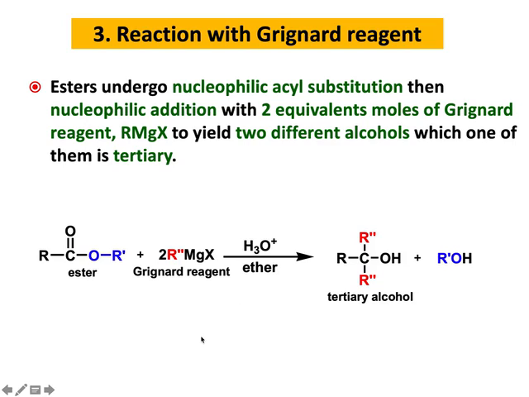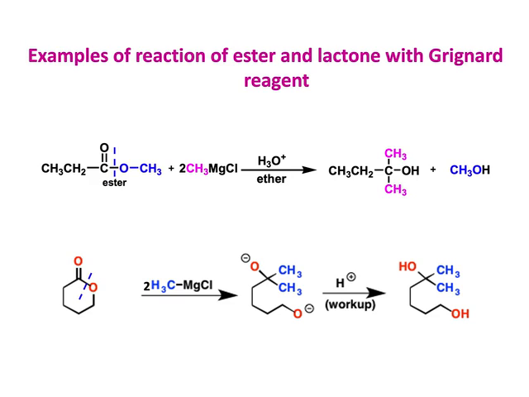We know that it undergoes nucleophilic acyl substitution. This ester reacts with 2 equivalent moles of Grignard reagent to form tertiary alcohol. The product is tertiary alcohol because here there are 2 moles of RMgX.